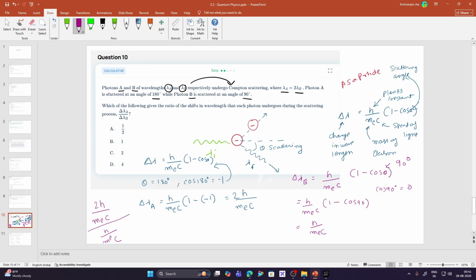If we solve this, the mass of electron times speed of light gets cancelled, this h also gets cancelled, so we are just left with 2. So the ratio of delta lambda a by delta lambda b is 2. So the correct answer here is 2.